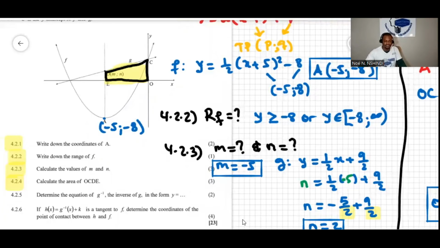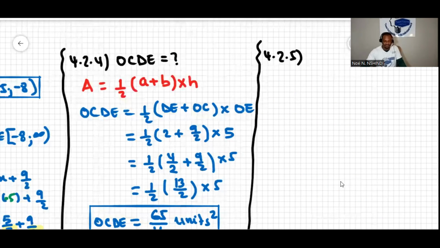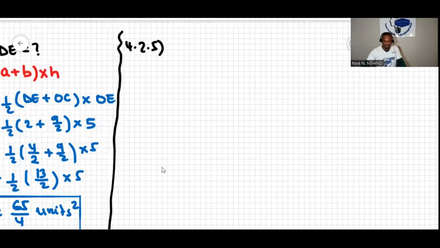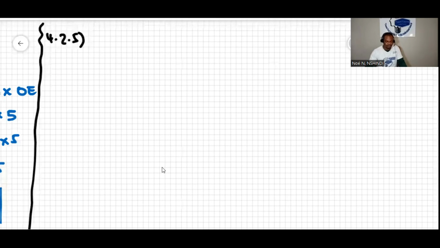The question says determine the equation of g minus 1, the inverse of g, in the form y equals. g is a straight line, and it's given by 1/2 x plus 9/2. So we're looking for g minus 1 in the form y equals.